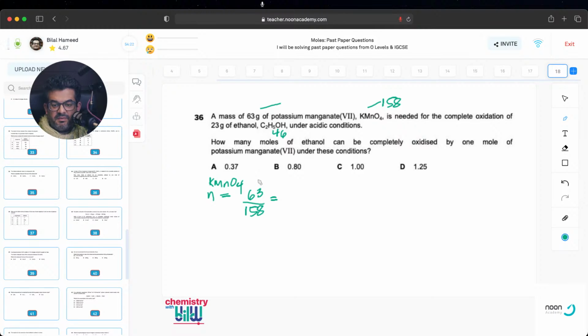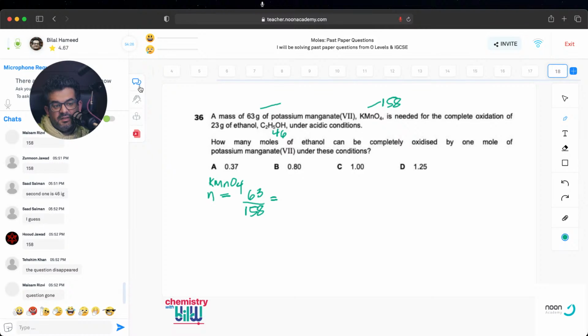Okay, something has happened with my pen now. Okay, there it goes. This is a big problem. Okay, so 63 over 158 is 0.3987 moles. I'm sure I can say approximately 0.4 moles for now. Let's see if we can use approximation.